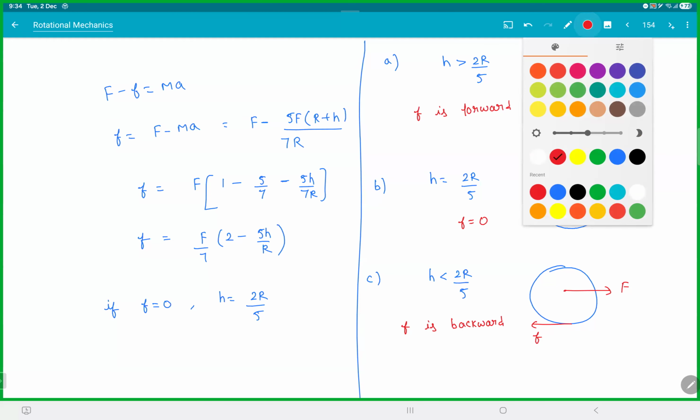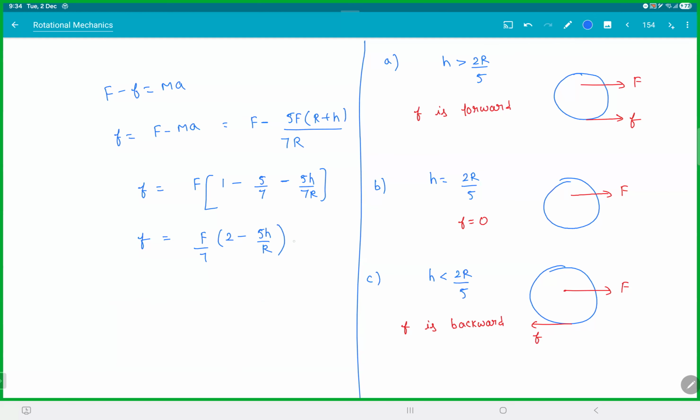And once you got this, F must be less than equal to mu into mg. So this will give you the mu value also. If you take F greater than equal to 0, 2 minus 5h by r, h will be less than 2r by 5.